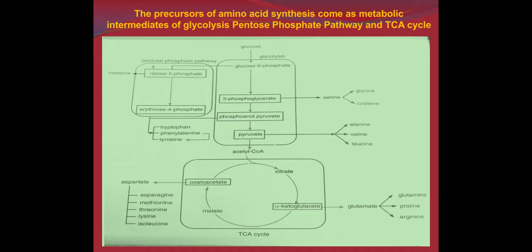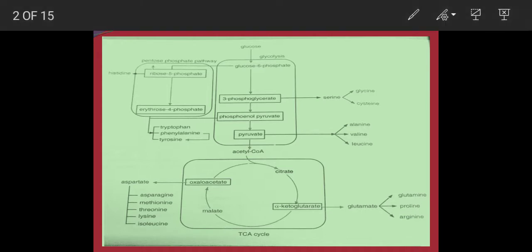In this picture, which shows the precursors of amino acid synthesis, we see that ribose 5 phosphate, which is an intermediate of pentose phosphate pathway, gives rise to histidine. Next, 3-phosphoglycerate, which is an intermediate of glycolytic pathway, gives rise to serine, and then serine gives rise to glycine and cysteine.